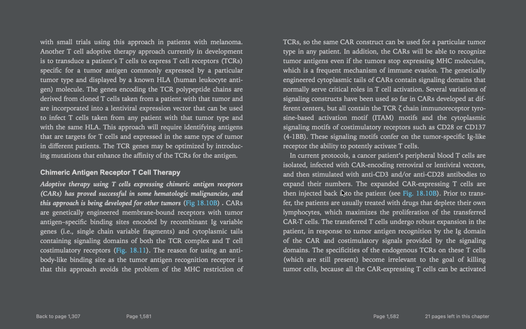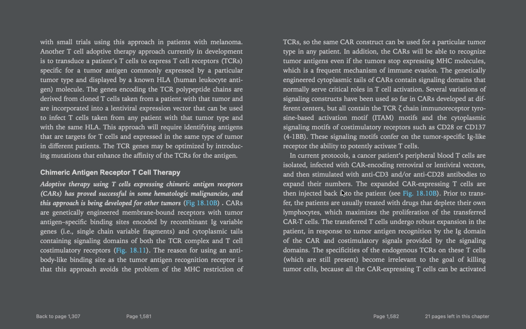Another T cell adaptive therapy approach currently in development is to transduce a patient's T cells to express a T cell receptor specific for a tumor antigen commonly expressed by a particular tumor type and displayed by a known HLA, human leukocyte antigen, molecule.